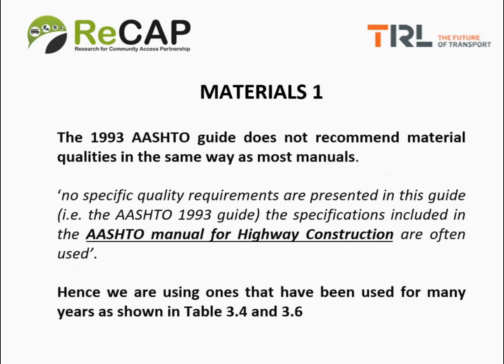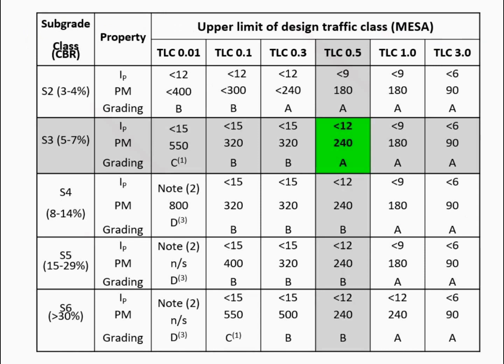Also taking into account the issues of locally available materials that do not meet the old standards, but which Andrew has called appropriate. This is the table from the road note. As you can see, along the top line are the traffic classes for each road, and down the left-hand side is the subgrade strength.